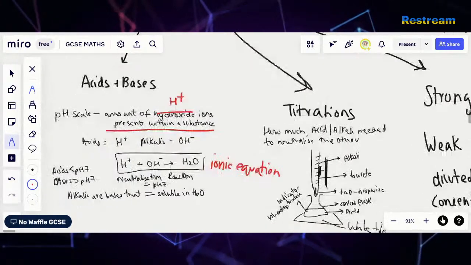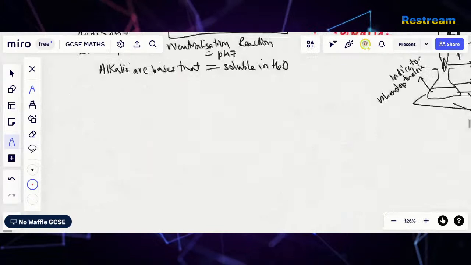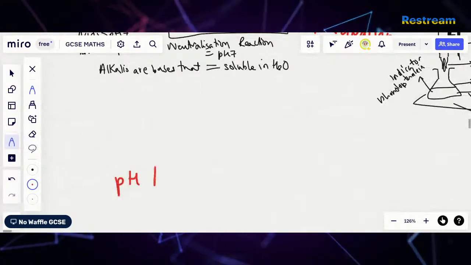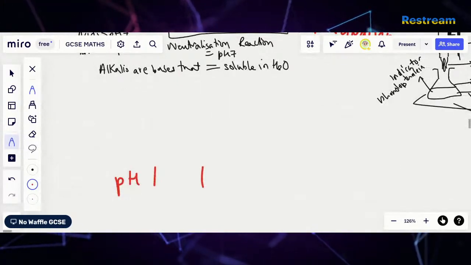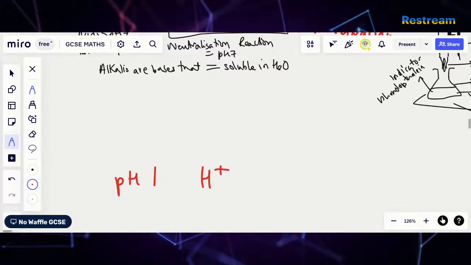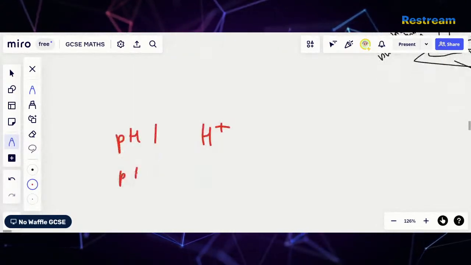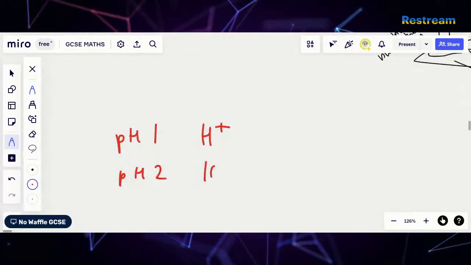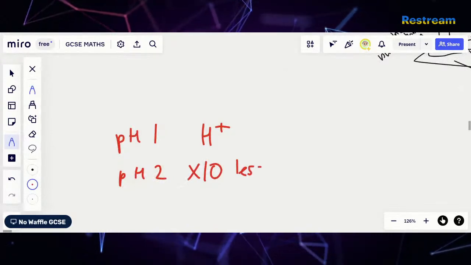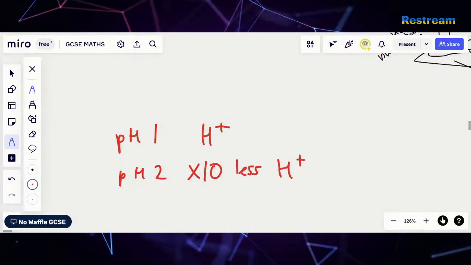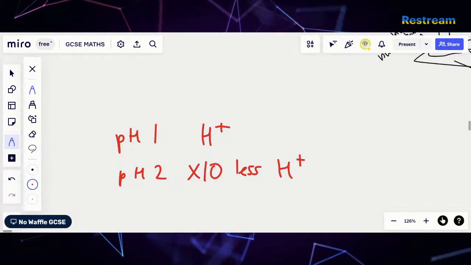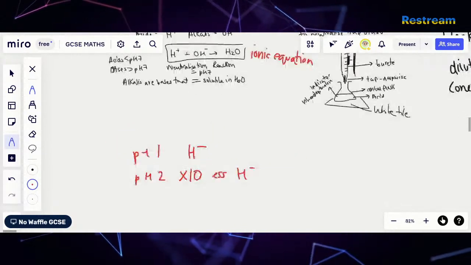So, for example, pH1 has a certain volume of hydrogen ions, then pH2 will have 10 times less hydrogen ions because it's less acidic by 10 times. And it continues up until pH 14.